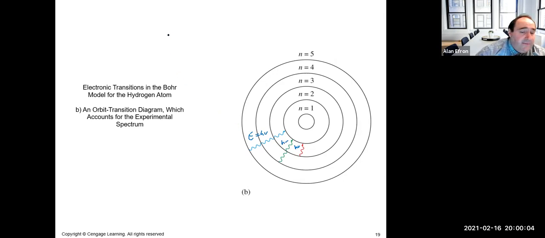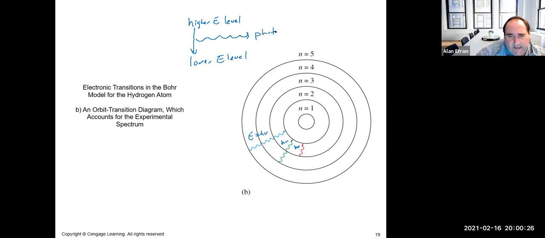And again, in terms of exothermic and endothermic that we talked a little bit about today, as the electron goes from a higher energy level to a lower energy level, it's got to come down in energy. It's got to give off that energy in the form of a photon of light.